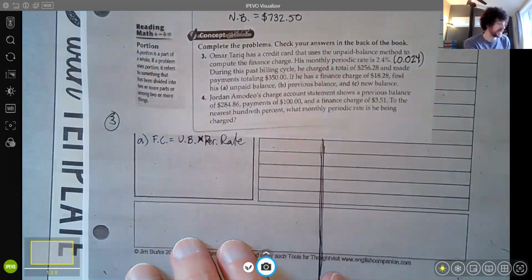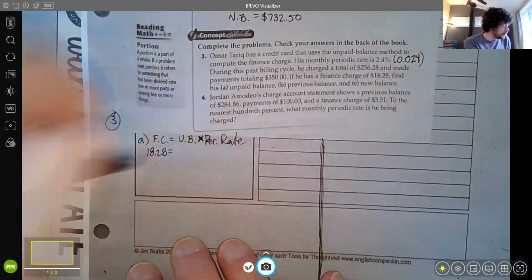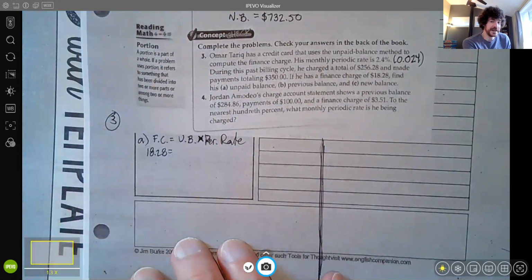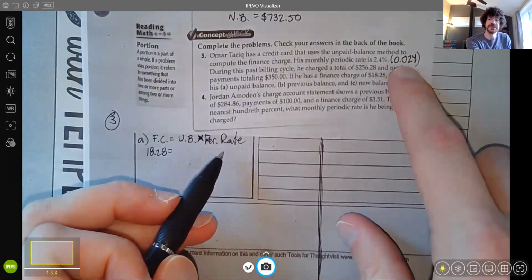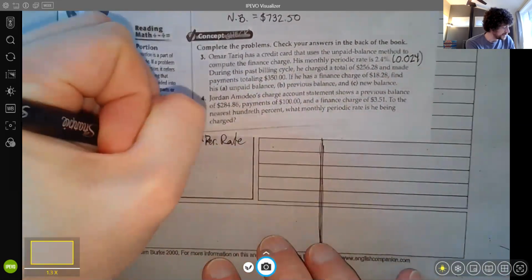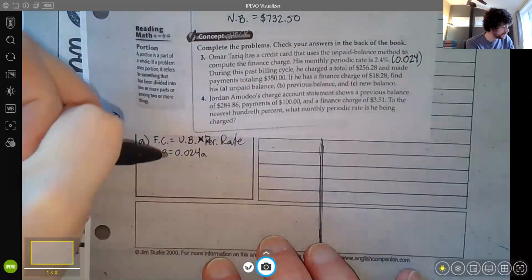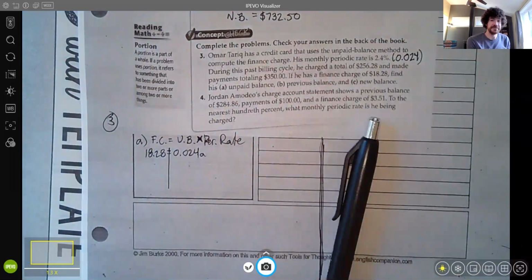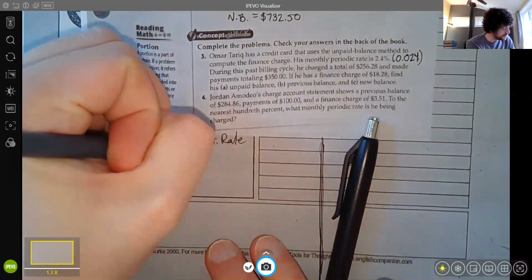We know that the finance charge is $18.28. We don't know what the unpaid balance is. That's going to be our variable, so we can just call that A again. And the periodic rate this time is 2.4% or 0.024. So 0.024 multiplied by A. So divide by 0.024.